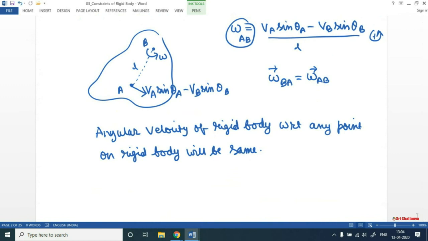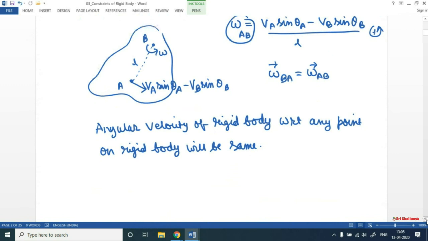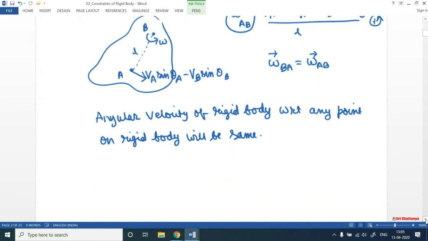So what we have learned in this discussion is how we can relate the velocities of any two points on the rigid body, and we are able to find out the angular velocity of the rigid body as well. So we have learned how to write the velocity constraint equation.